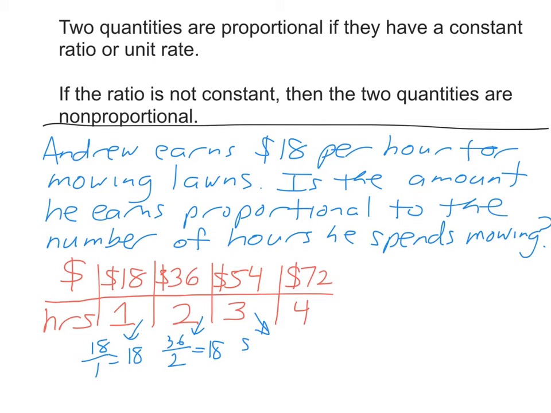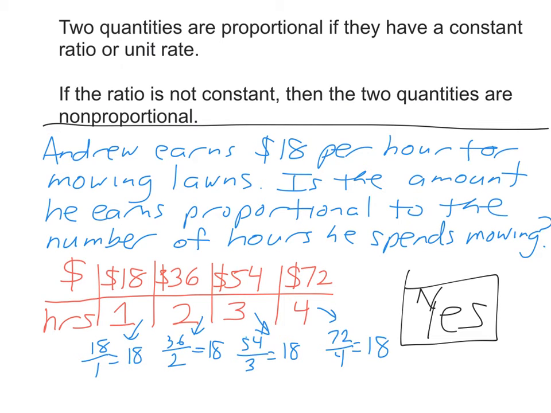For $54 for 3 hours, the unit rate is 18. And finally, I get $72 for 4 hours, which gives me a unit rate of 18, because 72 divided by 4 is 18. So since each one of those ratios, 18 to 1, 36 to 2, 54 to 3, and 72 to 4, all come out to be 18, then yes, this is proportional.